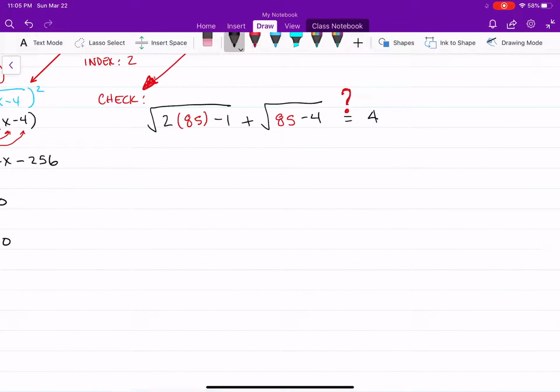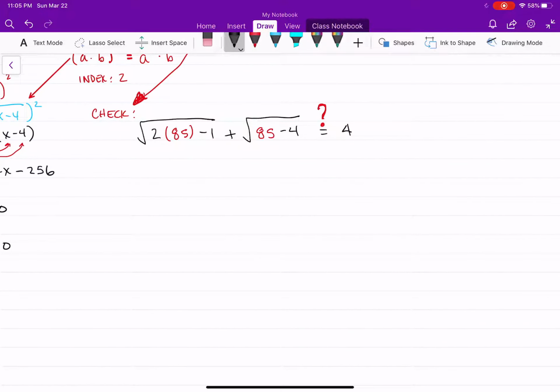Is that true or not? So let's go through it. So what I have here is that 2 times 85 minus 1 is going to be 169, plus the square root of 81.